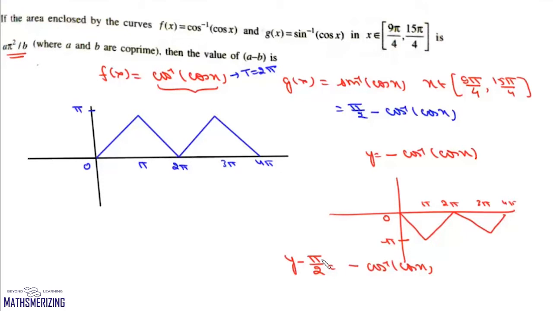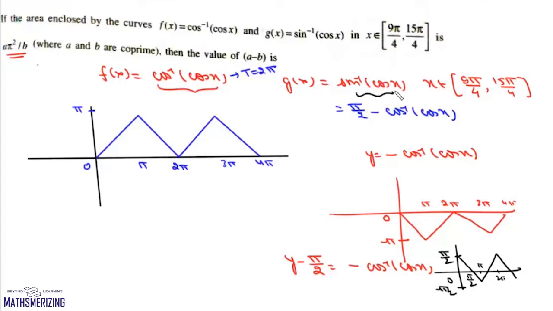Shifting it, we get this graph. So this is 0, pi by 2, pi, 2 pi, and here it will be pi by 2 and minus pi by 2. So that is the graph of sin inverse of cos x.